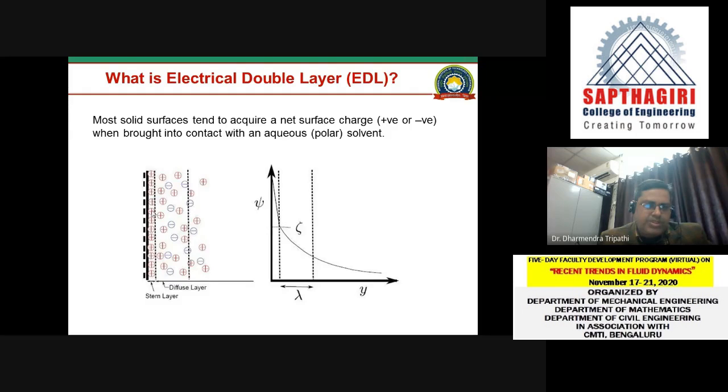So all the positive ions will be very close to this surface. That layer is known as the Stern layer. So there is a layer, and this layer is due to the negative surface and positive ions. That layer is known as a Stern layer.